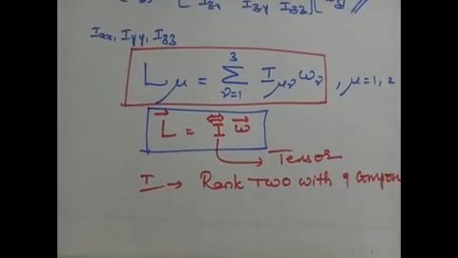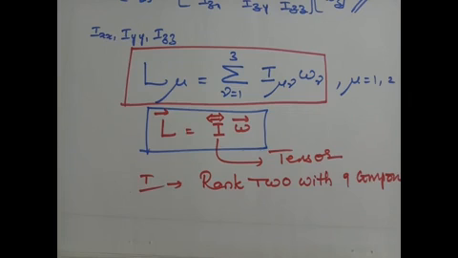This is a new type of quantity called a tensor of second rank. A tensor of rank 0 has only one component. A tensor of first rank has 3 components and is equivalent to a vector.